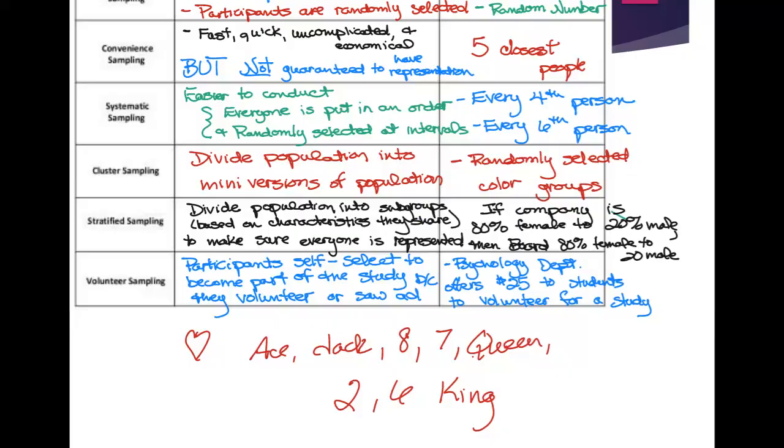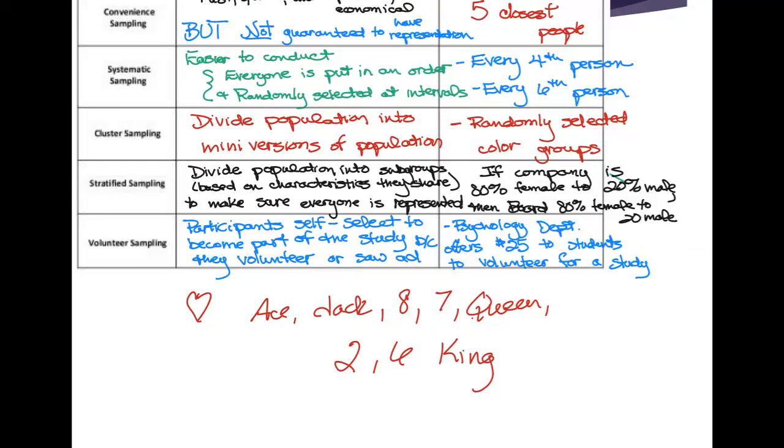Divide population into subgroups based on characteristics they share. Okay, so if we're looking at the hearts, what kind of a stratified sampling could I make up here? What could I group together that would be kind of a stratified?